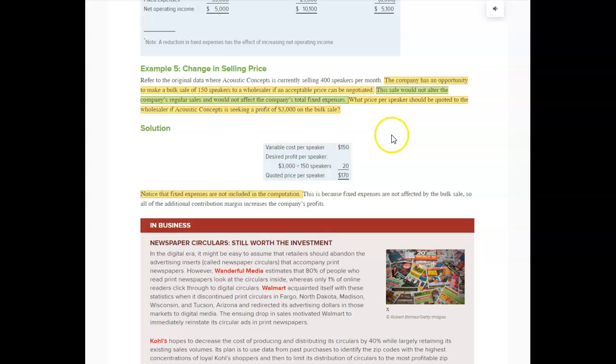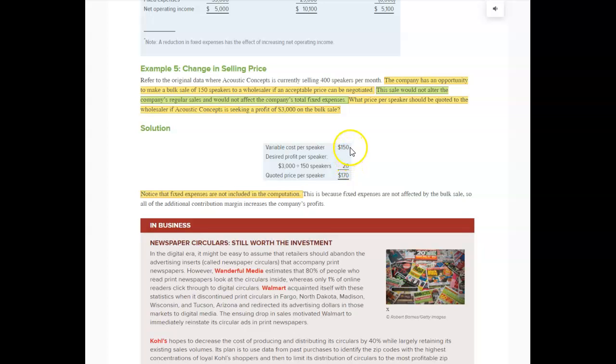Okay, well, we can ignore fixed costs in this situation. They are not affected. They are irrelevant. So if our cost is still, per speaker, variable cost, $150, and we want to make $3,000 in total when we sell 150 speakers, then divide, and there's $20 per speaker is the profit we're looking for.